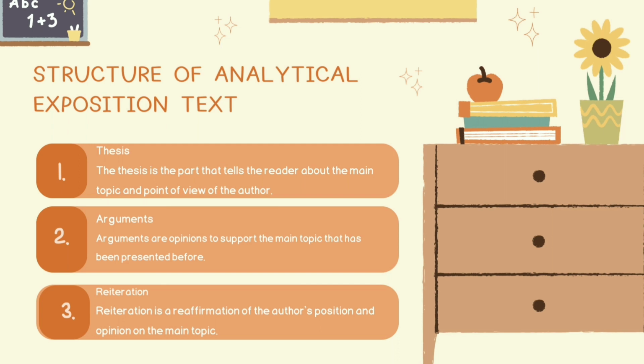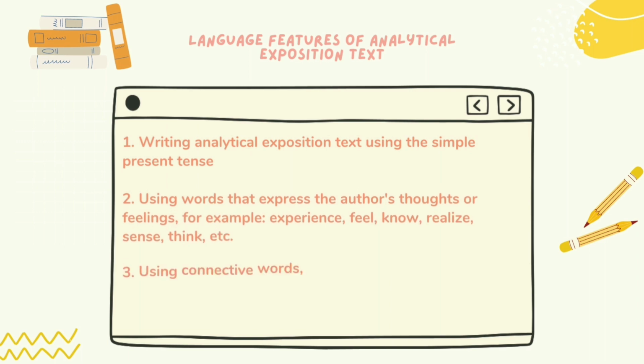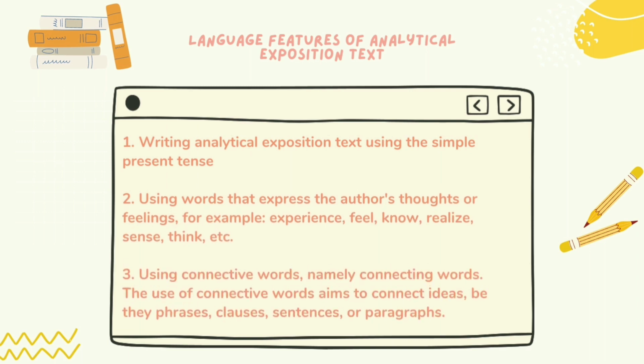And then, apart from the structure, you also have to know about the language features of analytical exposition text. The language features are as follows. First, writing analytical exposition text using the simple present tense.